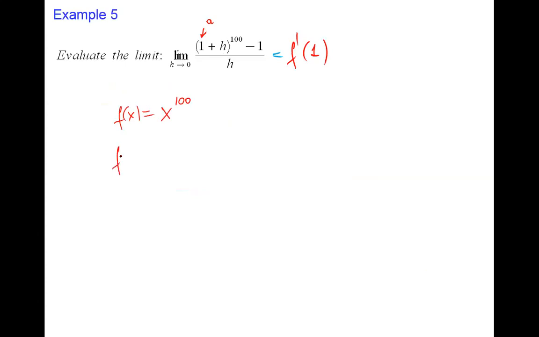Okay, and now, who can tell me the derivative of x to the 100? I know that you know, I hope you're typing. Yes, it's simply 100 x to the 99.